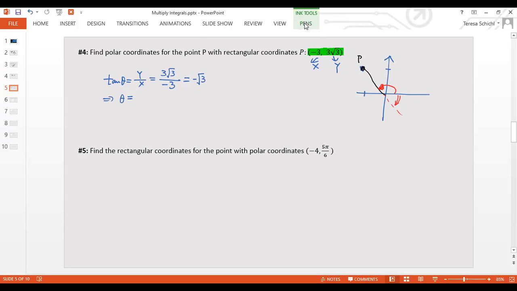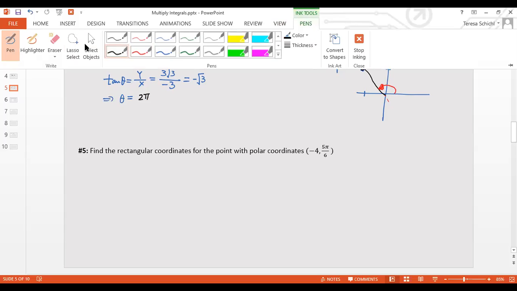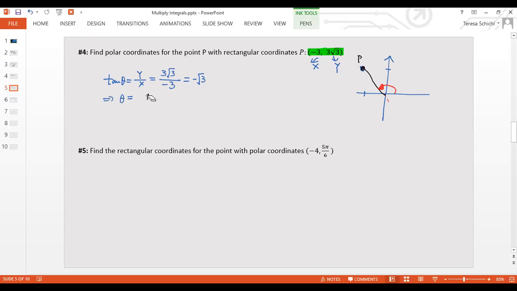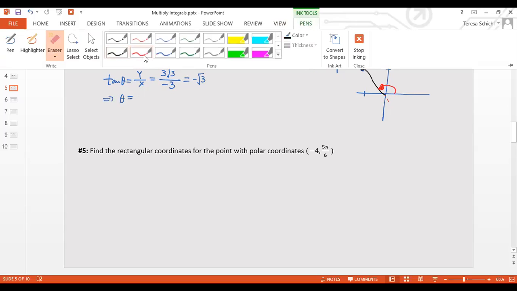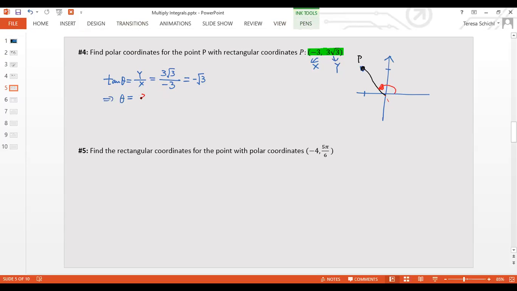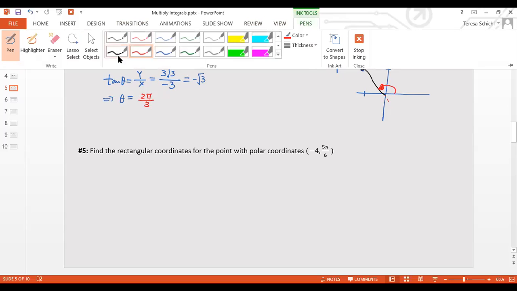So you need to be careful to see where your points are. Now theta here will be 2 pi over 6, let me color code it, so this will be 2 pi over 3. So it's 120 degrees here. Be very careful.